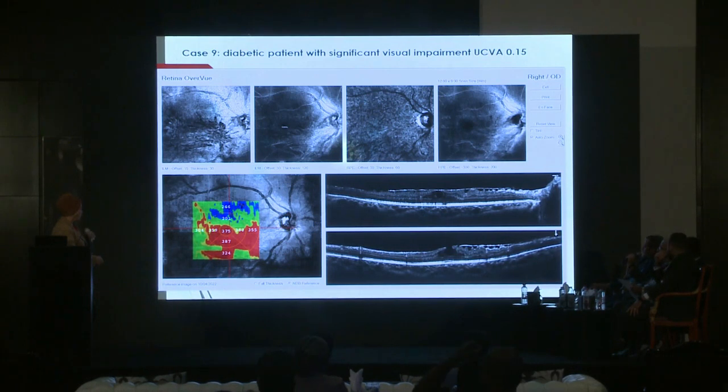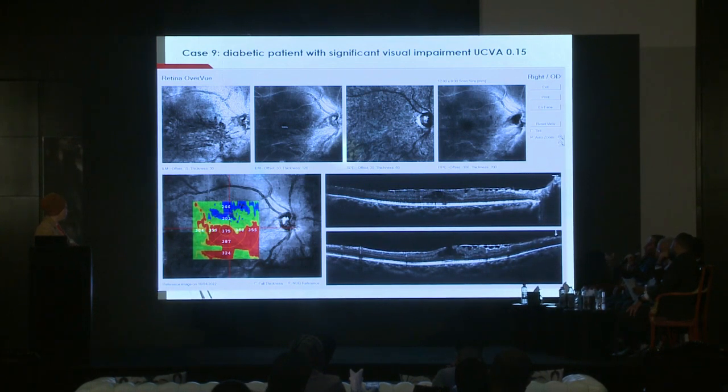Okay, so in this case, as is obvious, there is a taut posterior hyaloid face with epiretinal membrane and a lamellar hole. So one of the causes of the drop of vision is the lamellar hole. But the strange thing is that this is significant visual impairment.